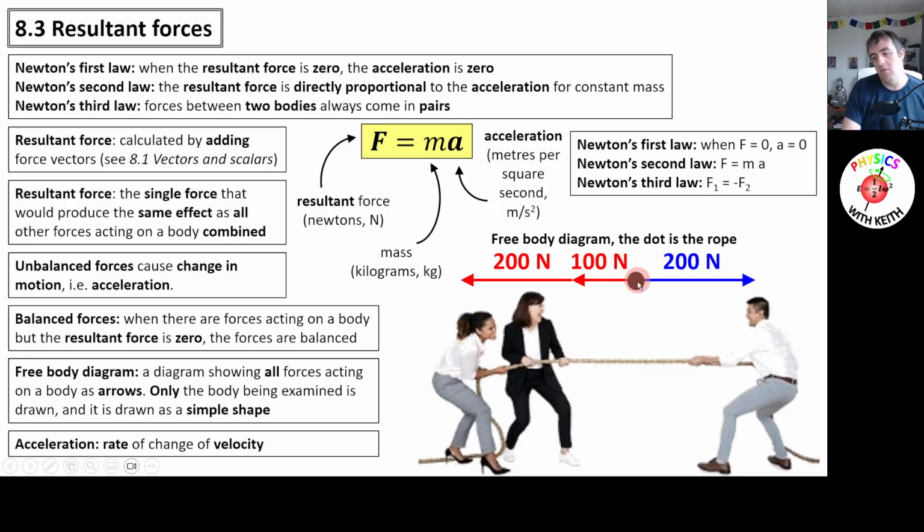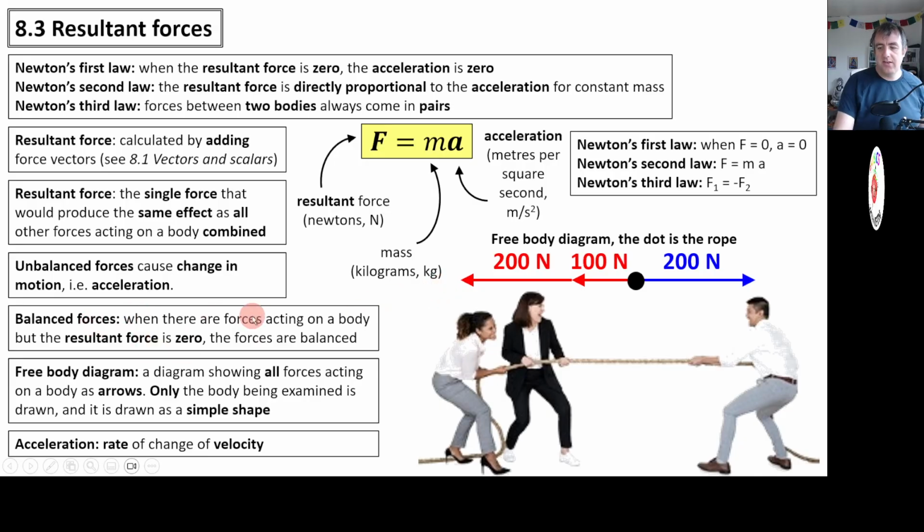Then we've got positive 200, add positive 100, add negative 200, because it's to the right. So 200 plus 100 is 300, add negative 200 is 100, and it's positive, which we've decided is to the left. So either way, whether you take right as positive or left as positive, it gives us the same answer. 100 newtons to the left is the resultant force, because there are unbalanced forces.